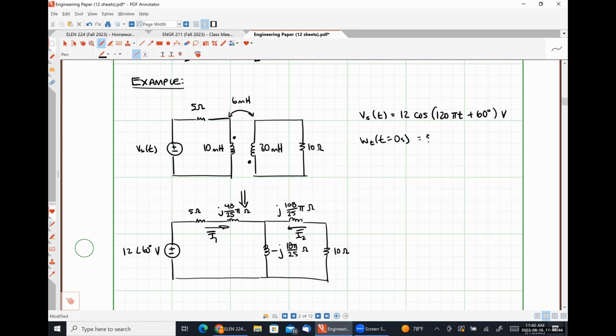KCL, again, it's easy, right? If we can fix the voltage at this node, these currents should be very trivial.